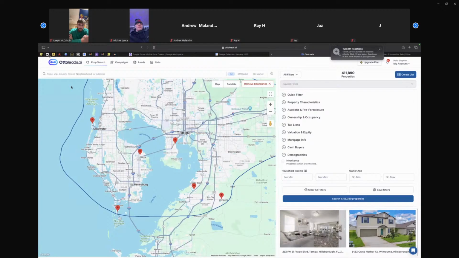Not per se bail bonds, but I know you can get a bunch of different lists through different counties' websites with lien and deed investing, tax liens, tax deeds. Oh, okay.